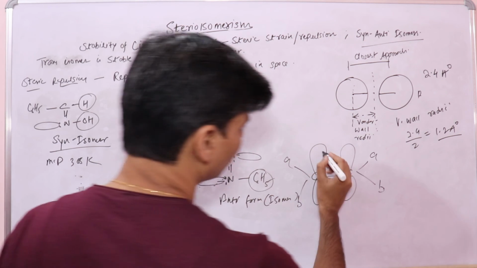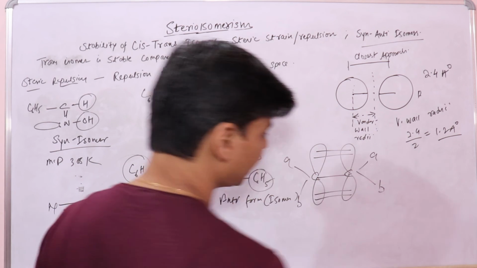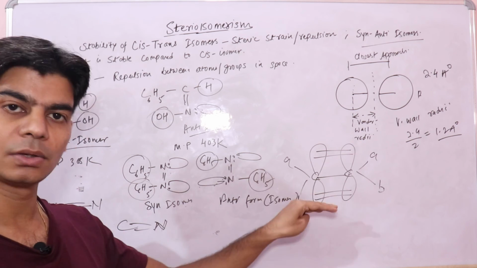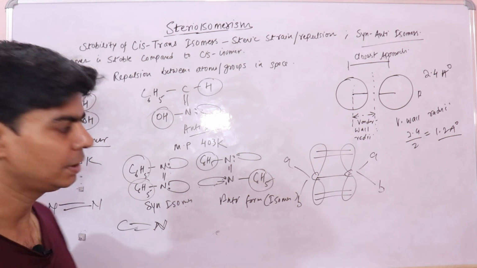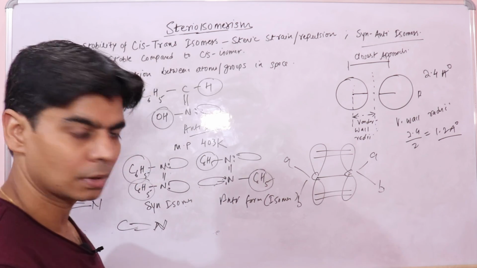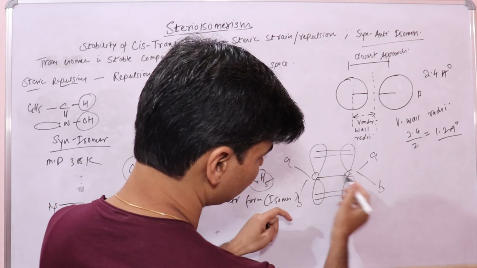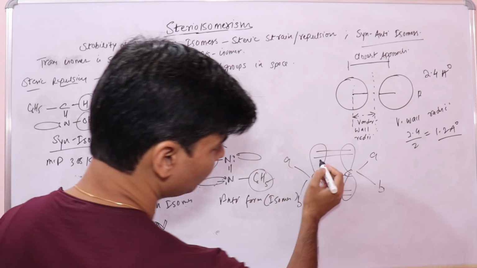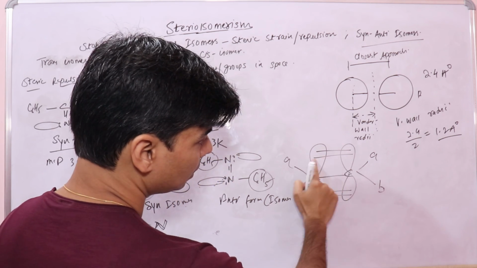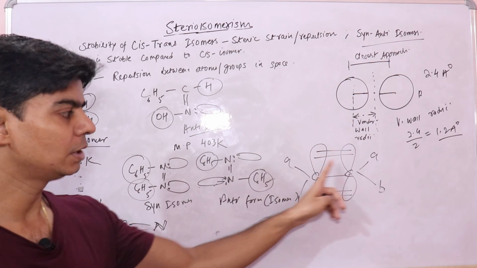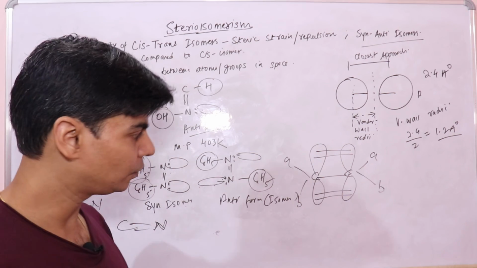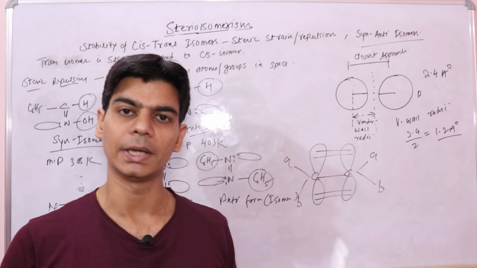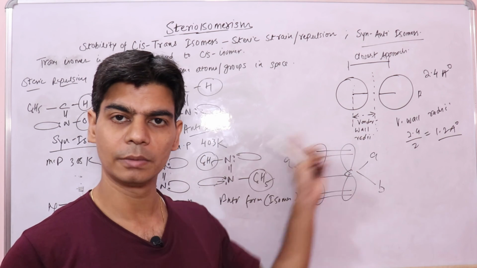And it is this pi bond that introduces restricted rotation around the carbon-carbon double bond. If you rotate the double bond, it will lessen the overlap between p orbitals. If the overlap between p orbitals is reduced or removed, that means this bond will break. That means the molecule will no longer be stable.